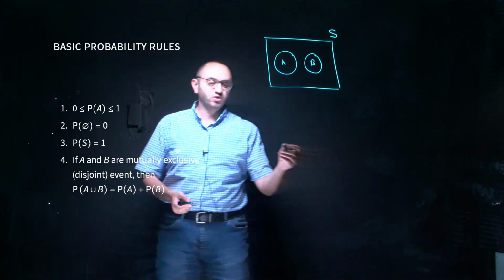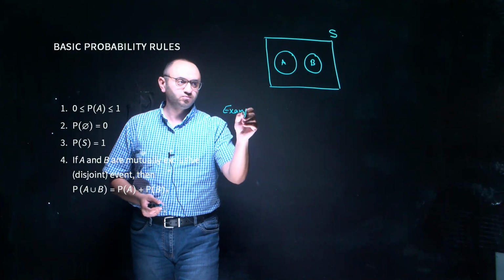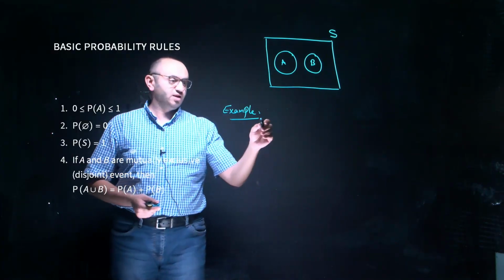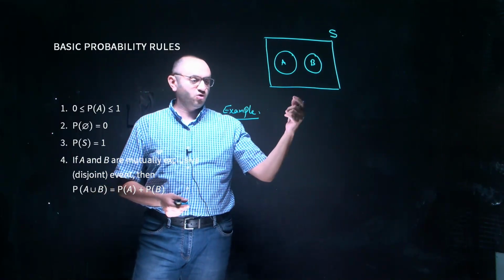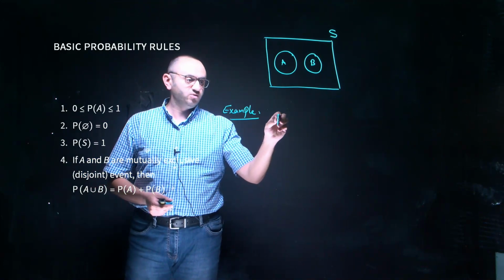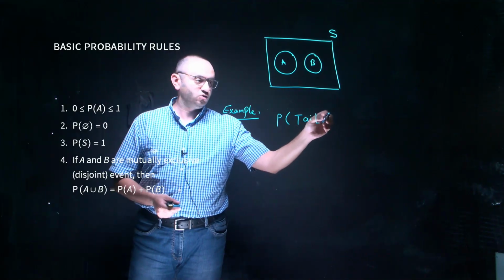So let me give you an example of this scenario. For example, when you flip a coin, you may get head or tail, right? So what is the probability of tail union head?